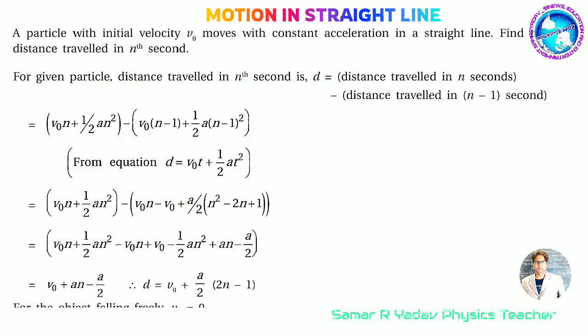A particle with initial velocity v0 moves with constant acceleration in a straight line. Find the distance travelled in the nth second.